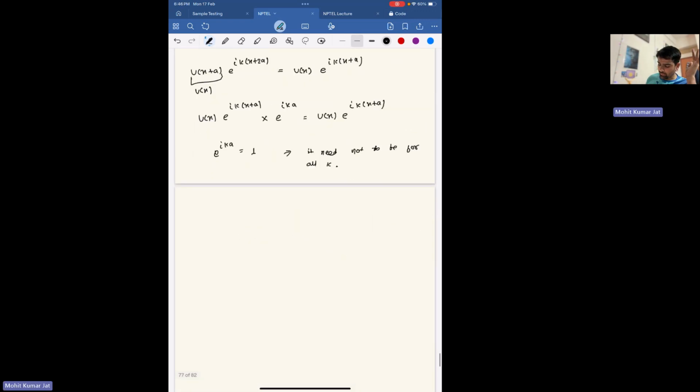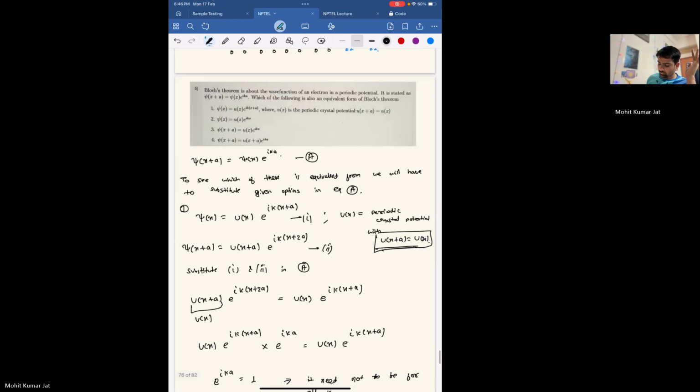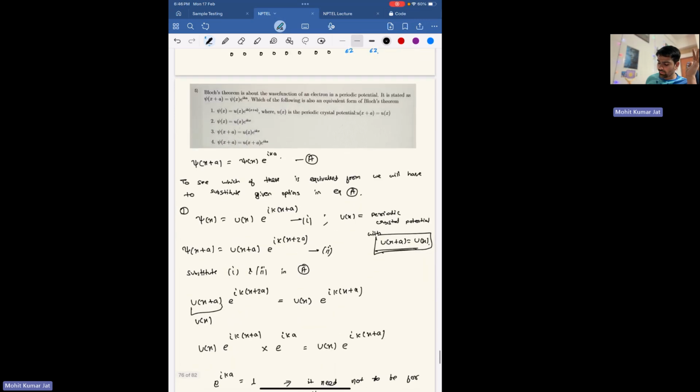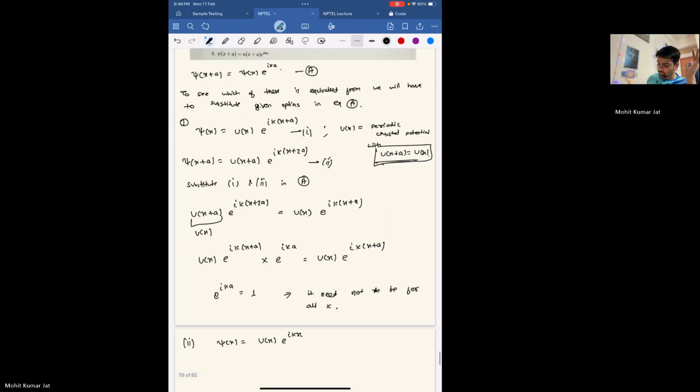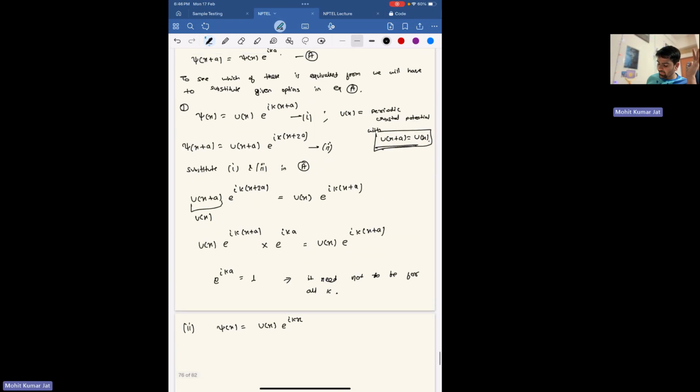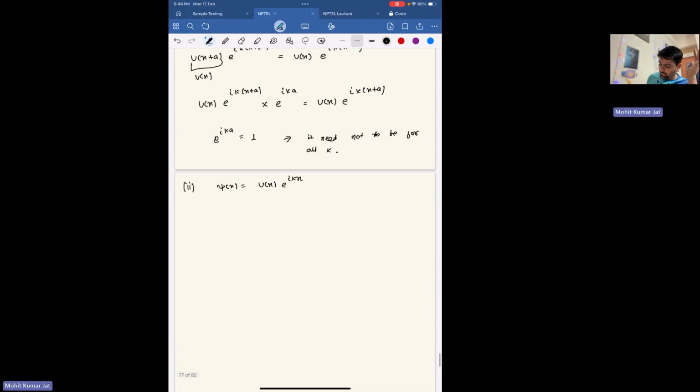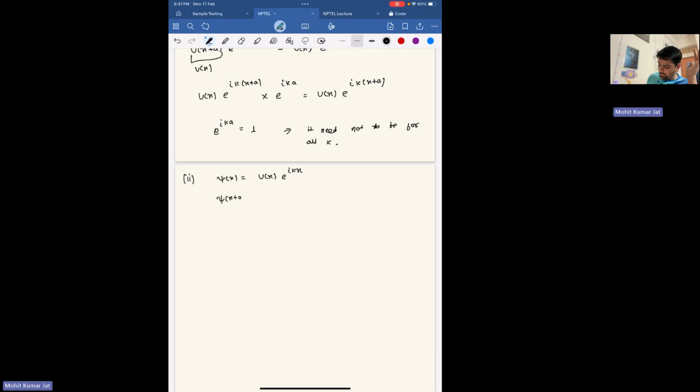Now the option number 2 will be psi of x equals u of x e to the power i k x. Let's just substitute this. Let me first write psi of x plus a. In this case it will be u of x plus a e to the power i k times x plus a, which I can write as u of x e to the power i k times x plus a.